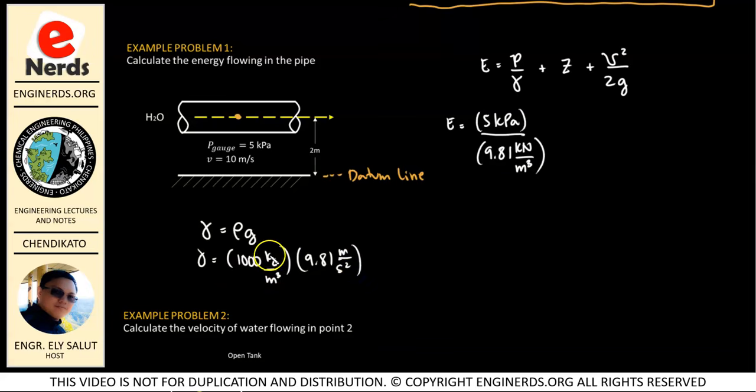So we have here kilogram meter per second squared. So 1 kilogram meter per second squared is equal to 1 Newton. Okay, so our kilogram meter per second squared will be cancelled out.